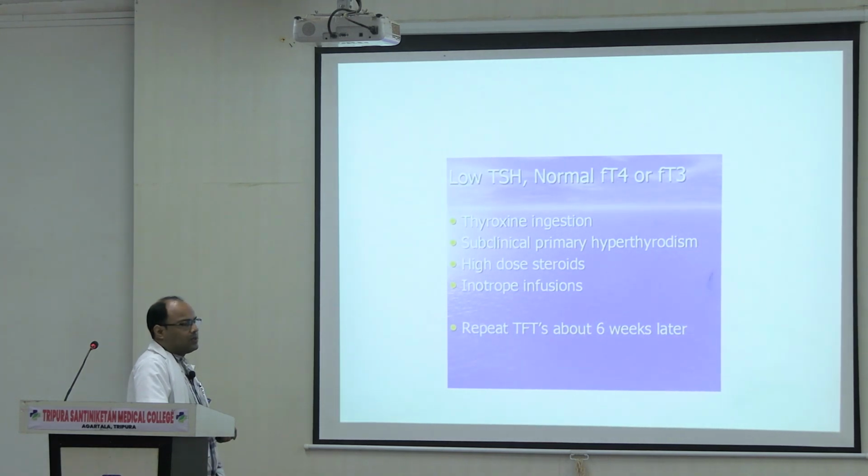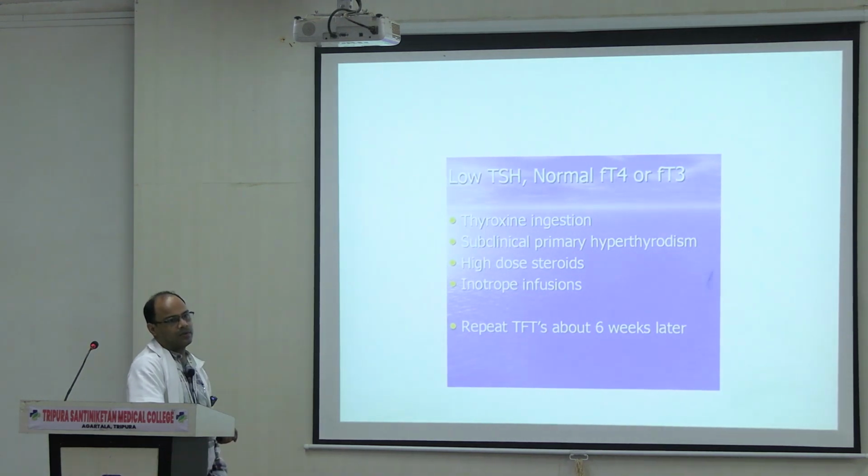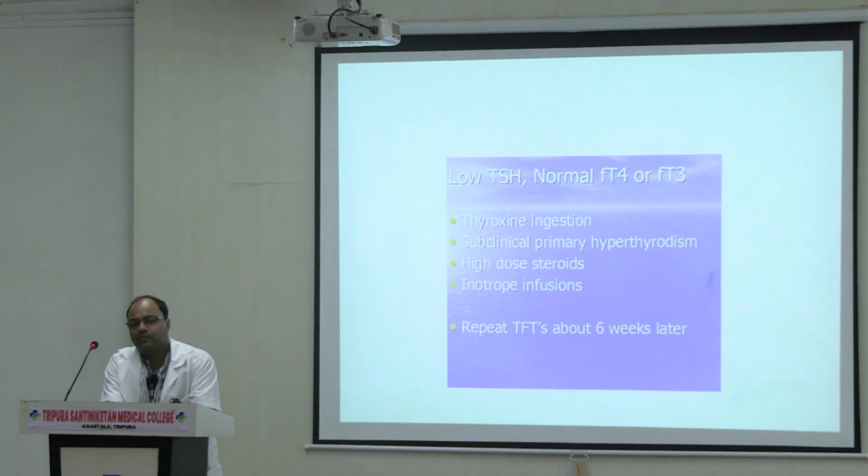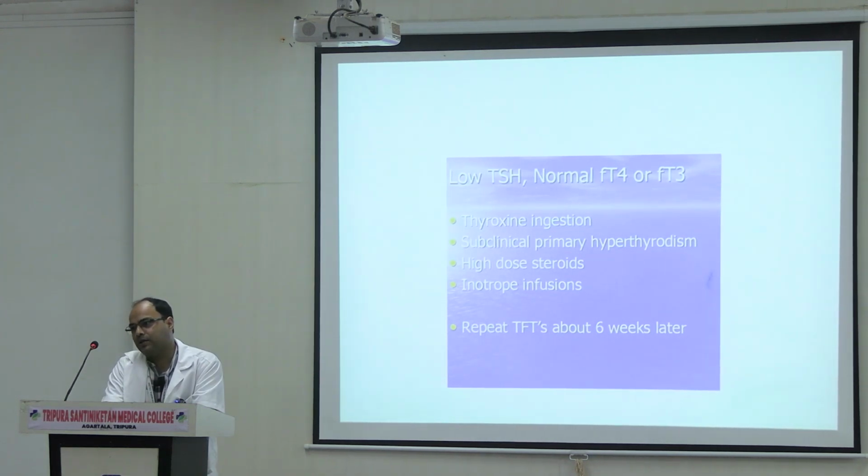If we find this, repeat this test after 6 weeks. Why 6 weeks? Because if you give a patient thyroxine, say the patient developed hypothyroidism with high TSH, the TSH level has to come down, which takes 6 to 8 weeks. So wait at least 6 to 8 weeks before doing a repeat test.